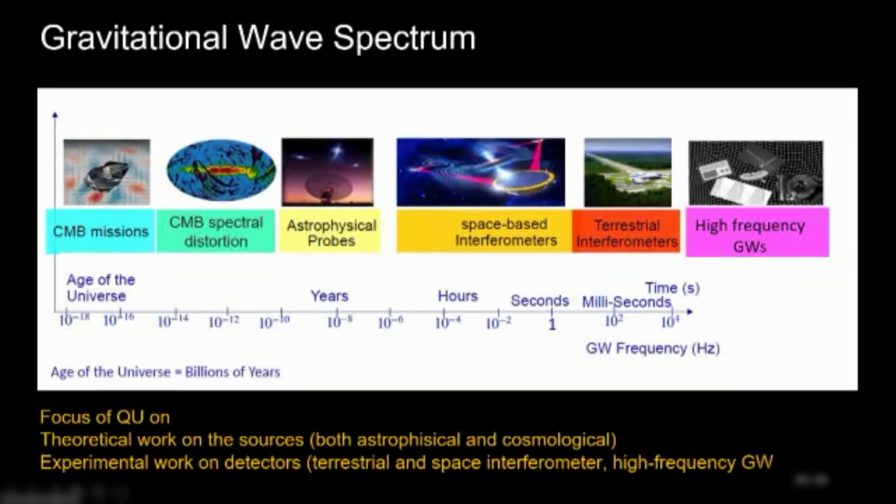And here, over the entire frequency range, new ideas are popping up of more and more experiments that plan to look at smaller and smaller frequencies, namely larger and larger wavelength structures, as large as the size of the entire universe in the end, if you go all the way down to the CMB mission.